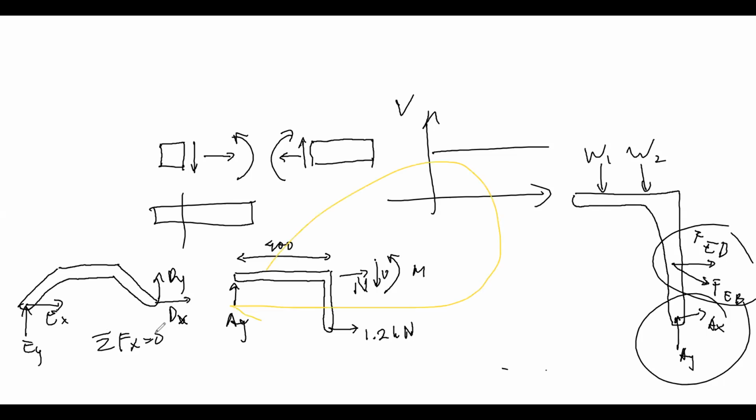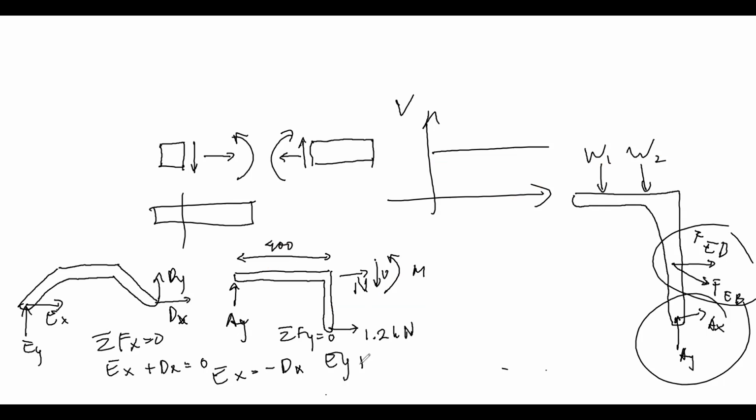The only forces in the horizontal direction are EX and DX, right? It's supposed to be 0. So EX will be the same as minus DX. And the same if you use sigma Fy equal to 0, EY plus DY will be equal to 0. Then EY is minus DY.